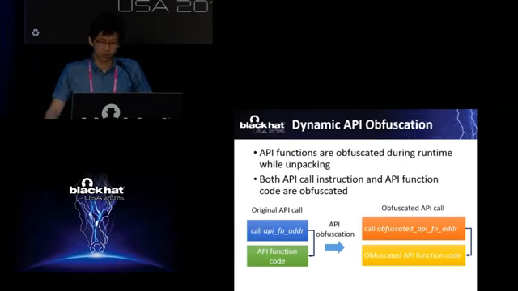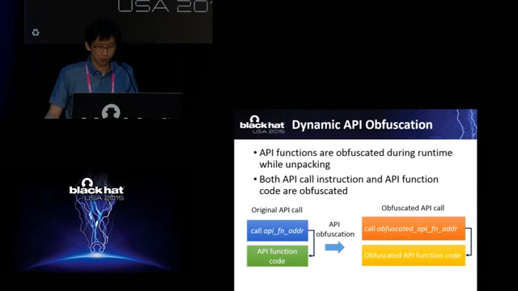In dynamic API obfuscation, API functions are obfuscated during runtime, while unpacking. Both the API call instruction and the API function code are obfuscated. So the call API function address can sometimes be obfuscated, and is not obfuscated in Themida 64-bit.